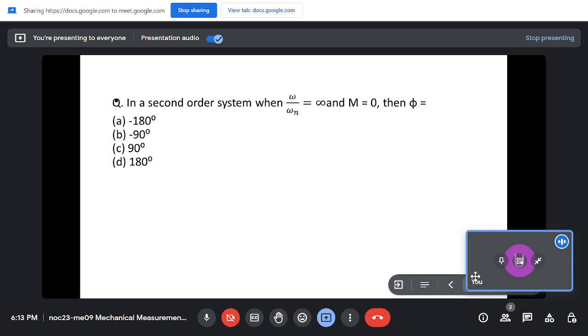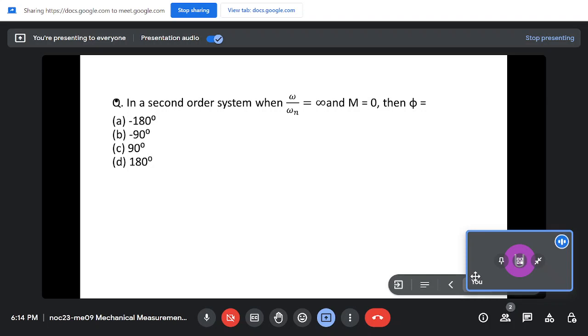So the next question is, in a second order system, when omega by omega n tends to infinity and M equals 0, where M is the amplification ratio or magnitude ratio, then the phase angle phi is: A minus 180 degree, B minus 90 degree, C 90 degree, D 180 degree.